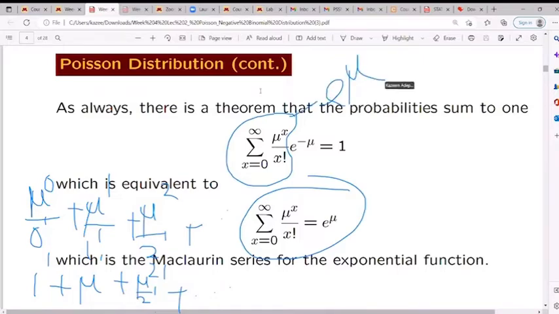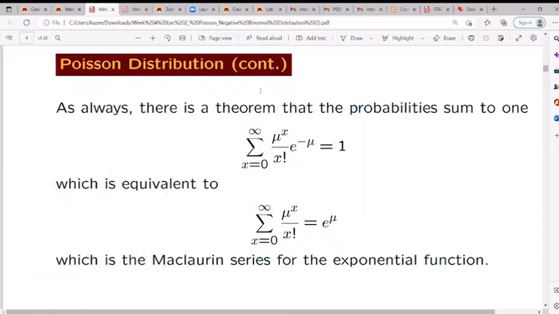By the time you combine it with this, automatically that is going to give you 1. So take a look at that. So that is how we can actually prove that the sum of that probability mass function, which is a Poisson distribution, is basically going to give us 1. So take a look at that.